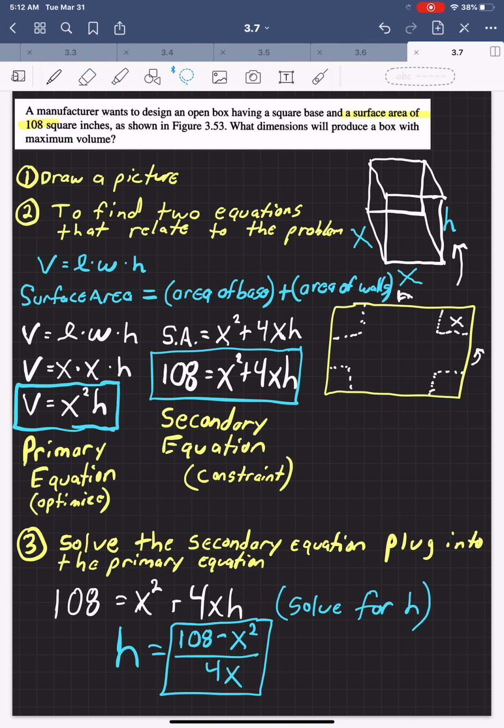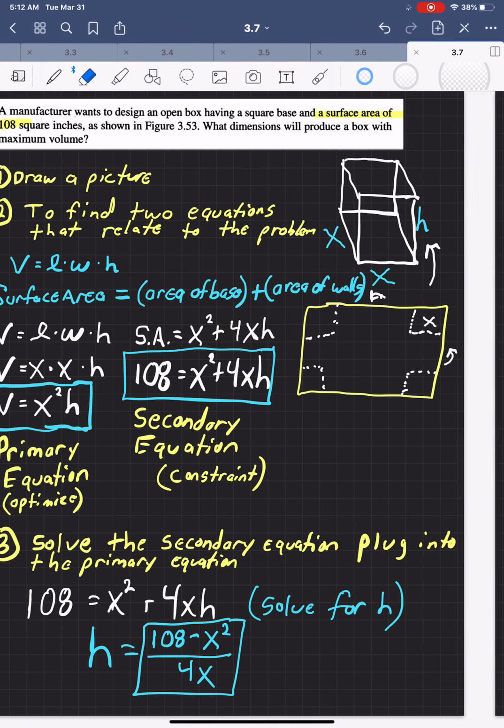So let me see if I can take, well, nope, I'll just rewrite it. So step 4, we are going to substitute into the primary equation.